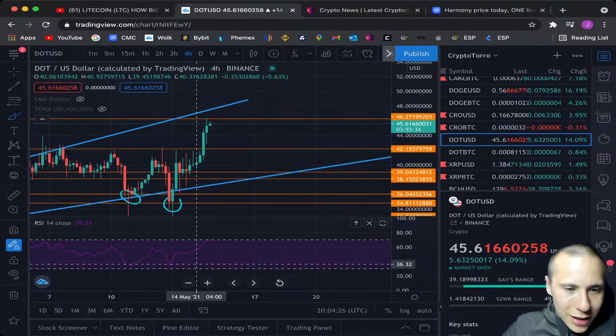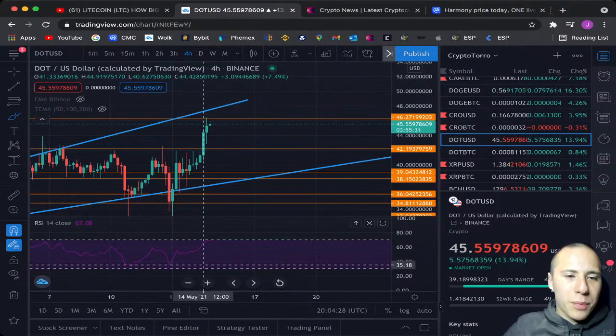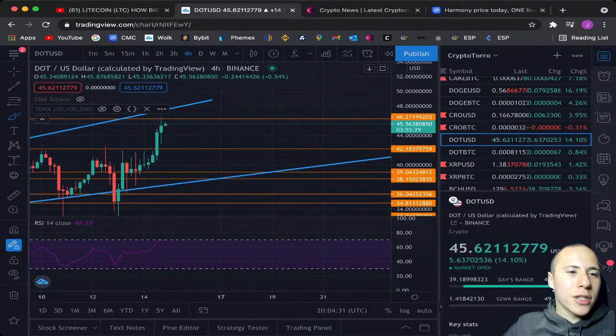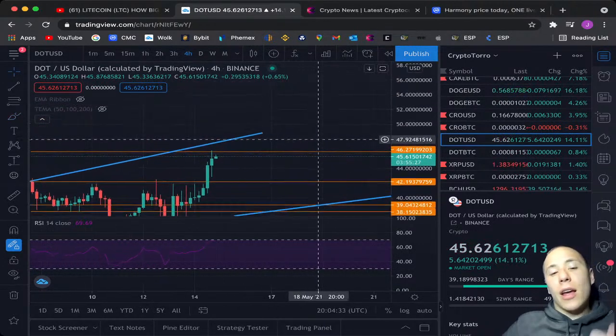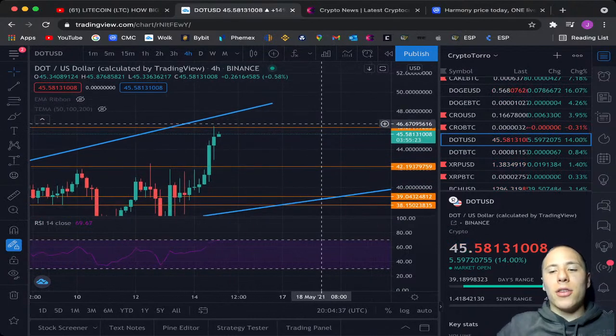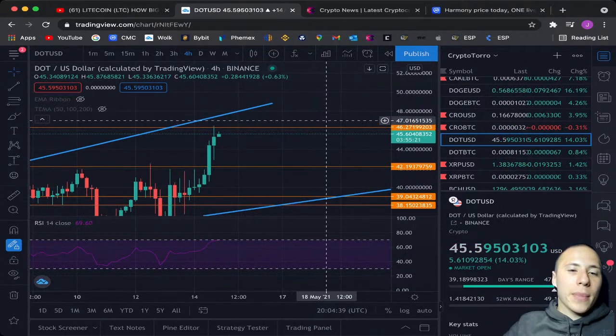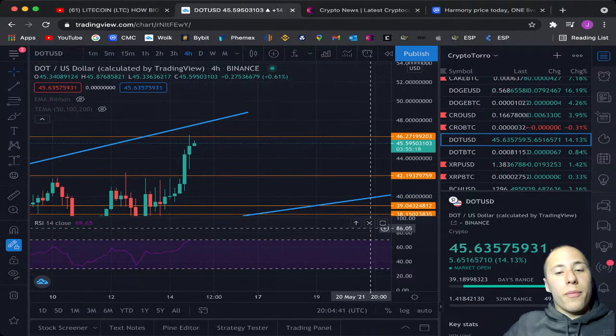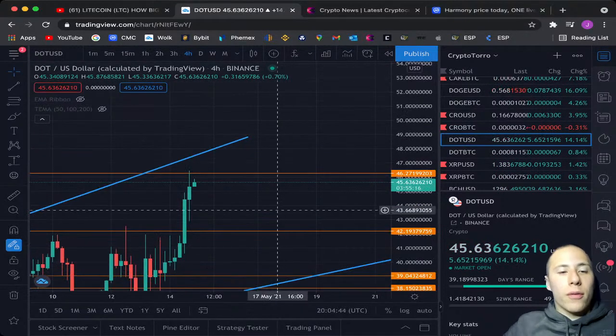Yes, as you can see, it's at exactly the same level. So we are not spotting any type of bearish or bullish divergence for the moment, and I think that's a good thing to look at and to know, because then you know that we won't be having any type of bearish or bullish divergence.